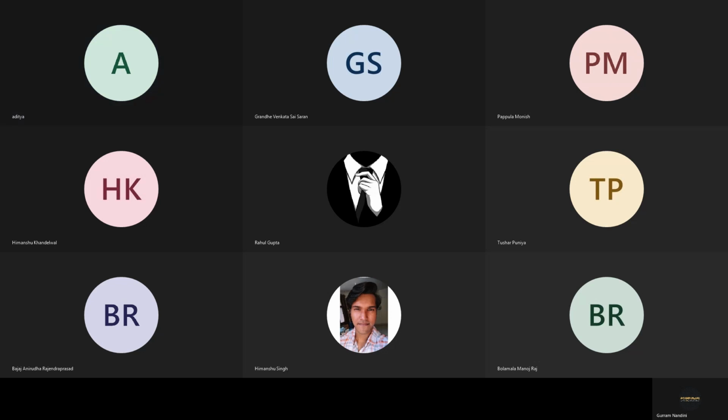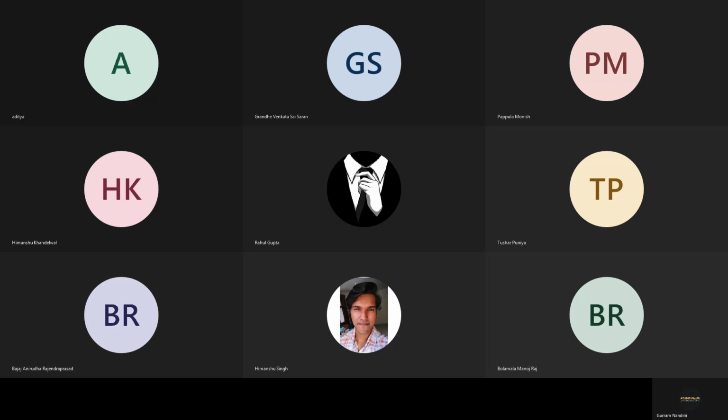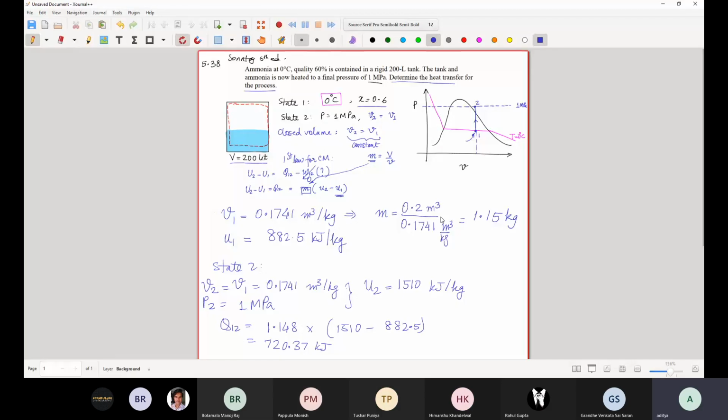So let's take a step back and say that you also want to know how to do it using a table. Well, it's quite simple because the first state is directly given in the saturated dome.